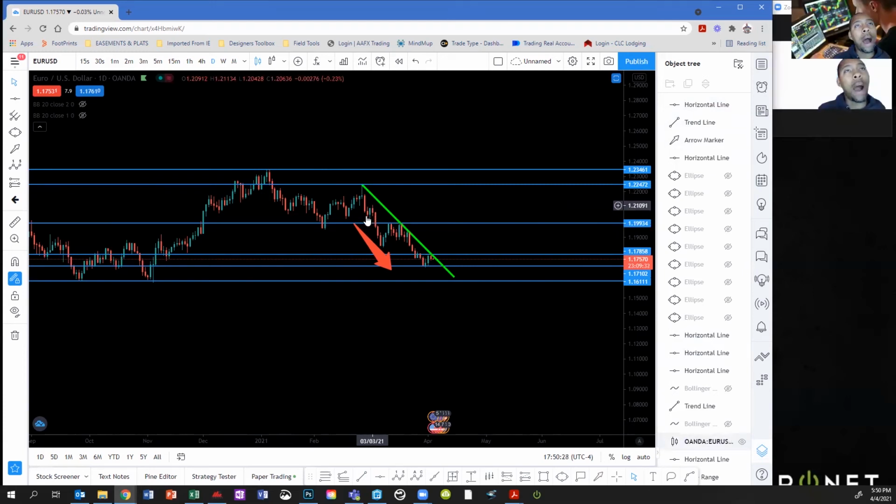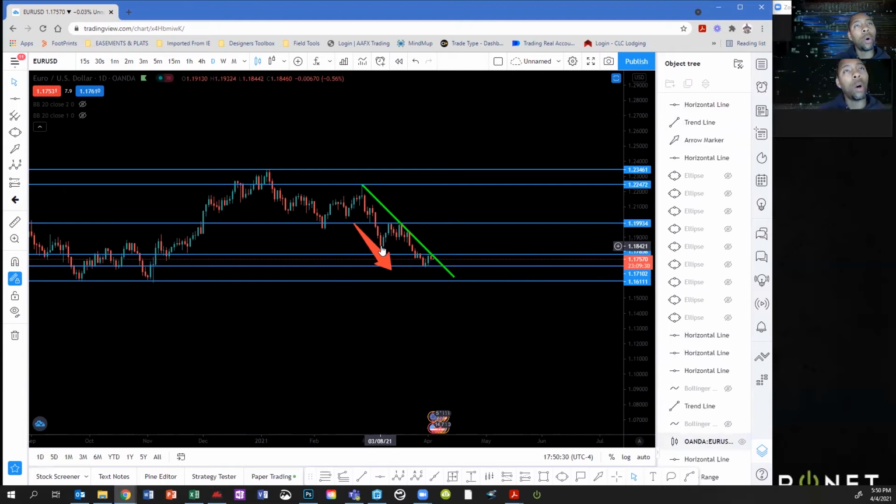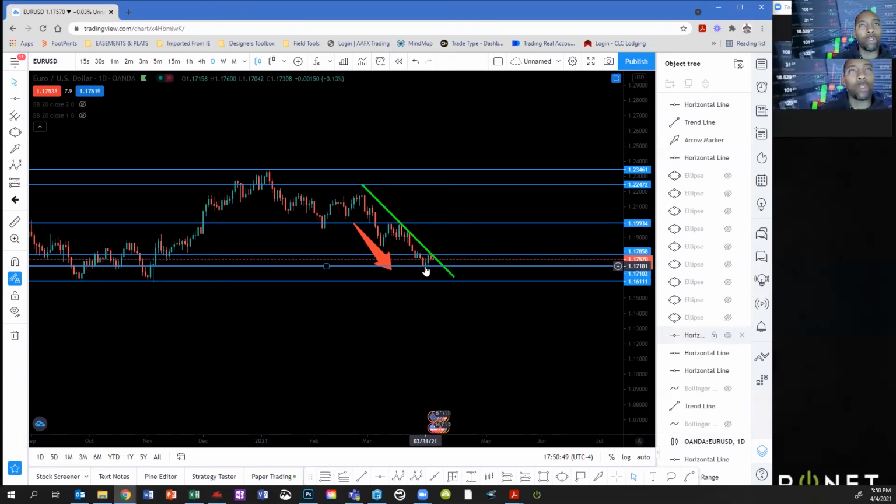It's a lower high, lower low, lower high. And if you notice, again, it didn't break it, so that's still intact. Because it bounced off of it, it starts to come down and create lower lows. So this downward trend is still intact.